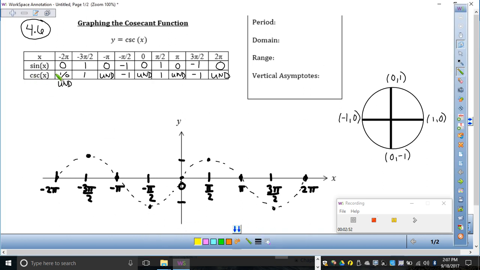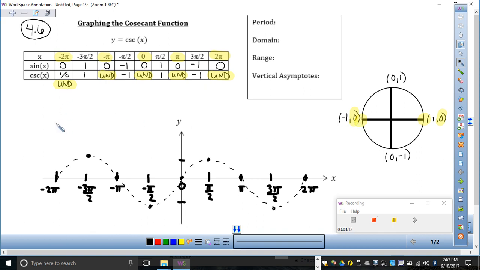So let's look at these angles where the cosecant is undefined. On our unit circle, it's here and there, which makes sense. Those are the 2 places that have a y value of 0. Sine is equal to 0. If we do that reciprocal, we end up with dividing by 0. So here's how that's going to show up on our graph.